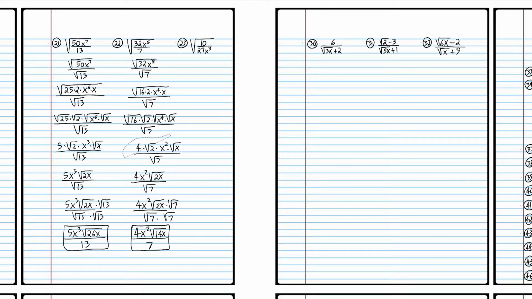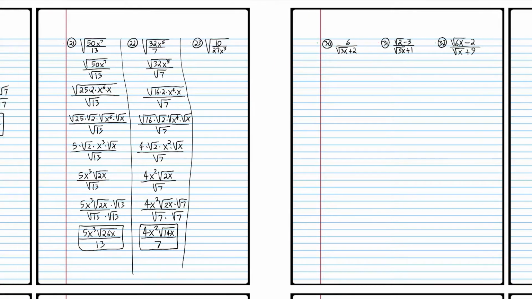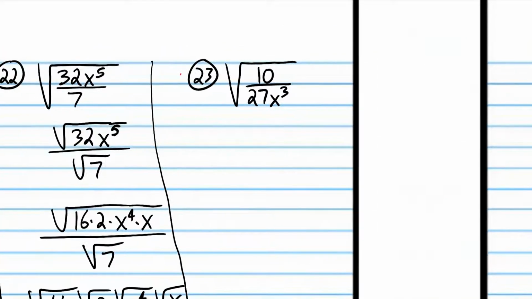So now we're going to try a problem that's exactly the same as the previous problems, except it has a perfect square factor in the denominator rather than the numerator. And I'm going to put a divider on all these. But it's going to be the same procedure for the most part.